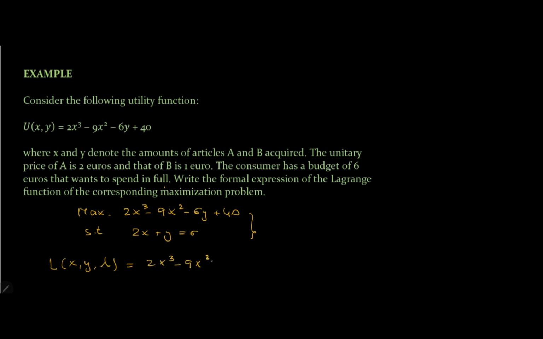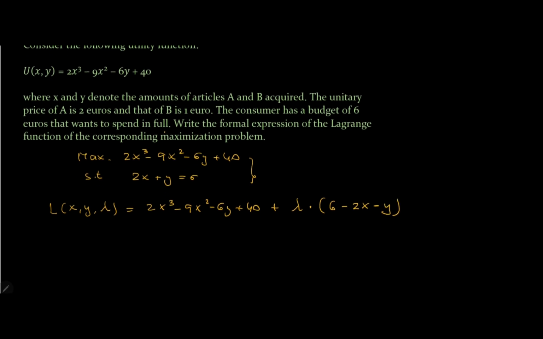We just copy the original function, and now plus the new variable, the Lagrange multiplier, times the budget constraint written this way: 6 minus 2x minus y. And so this is what we call the Lagrange function.